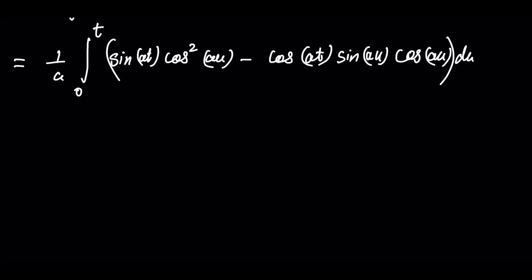Now you can see that we're integrating with respect to u. So we'll be taking this out of the integral and this out of the integral. So let's rewrite this.